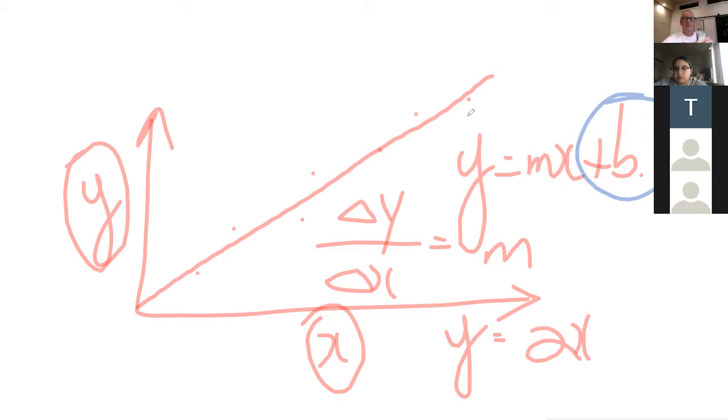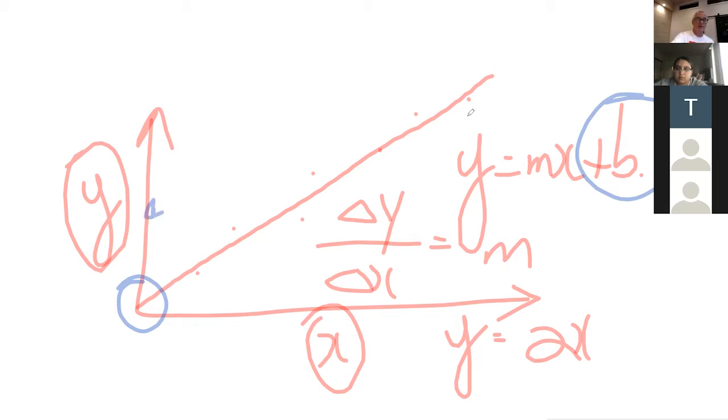Where would I find the y-intercept on this, for instance? The y-axis. On the y-axis. So where on the y-axis? Here? 0. Is it always 0? No. That's right. So the y-intercept is actually where the line crosses the y-axis.